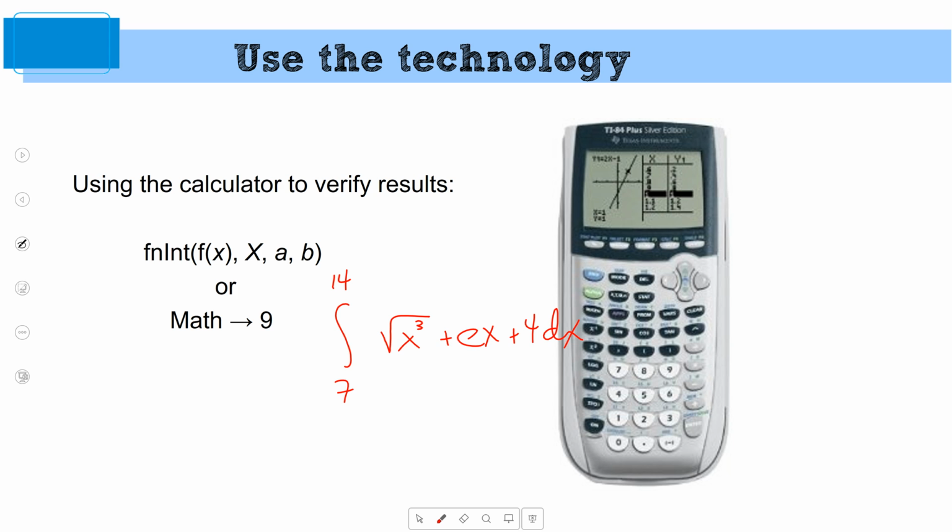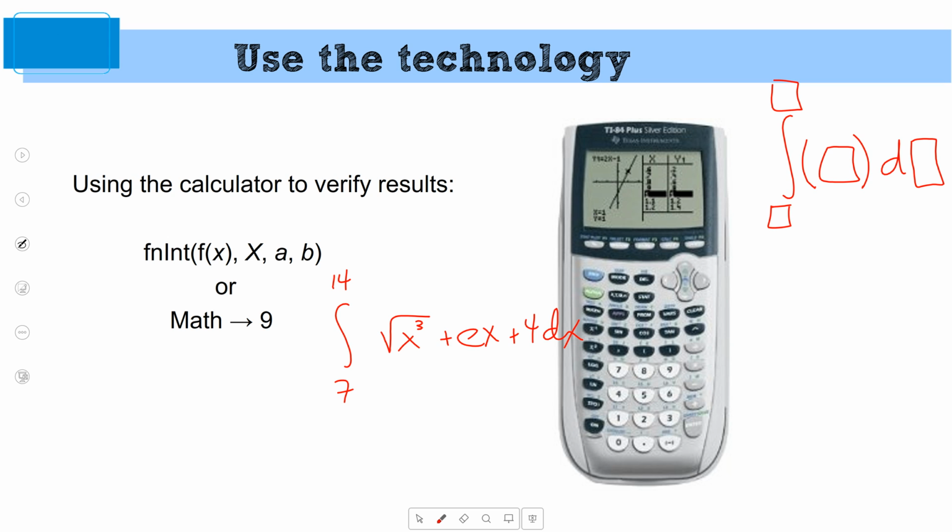Okay. When you hit math 9 on your calculator, you should get a display. Can I use your calculator for a second? Because I forget what it looks like. You should get a display that looks like this. Okay.